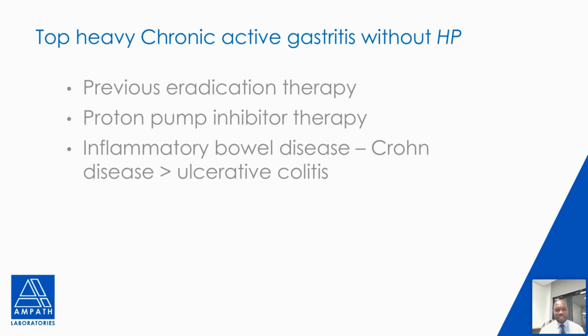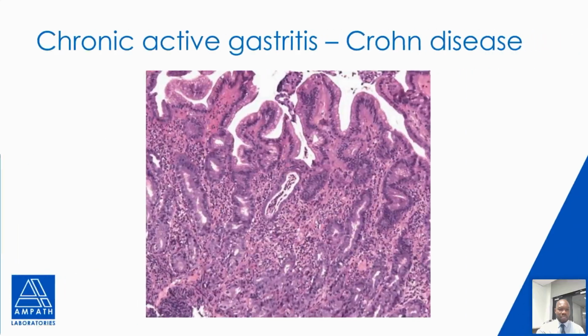The other possibility is to consider inflammatory bowel disease. It is more likely in that instance to be Crohn's disease as opposed to ulcerative colitis. Ulcerative colitis really doesn't involve the stomach. In terms of the appearance in this particular instance, one will see gastritis, so there will be chronic inflammation. Mostly in these instances, it tends to involve the entire thickness.